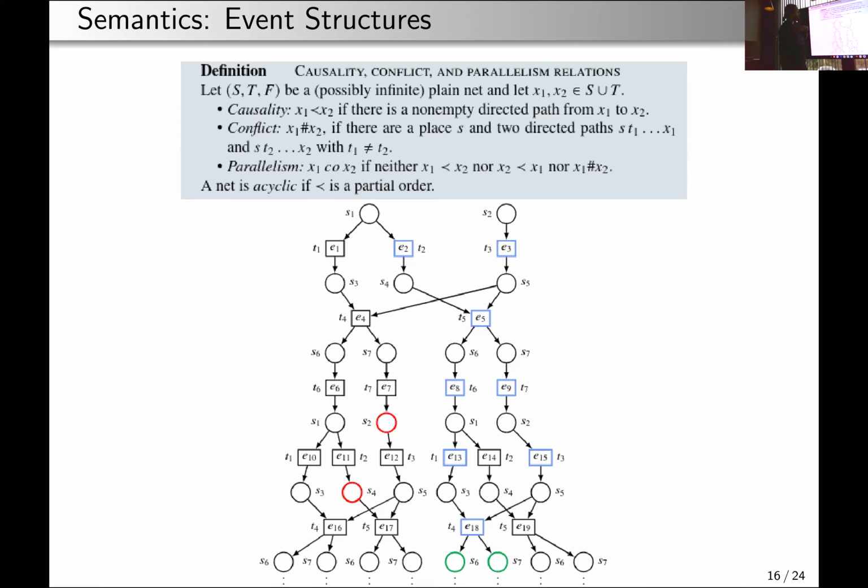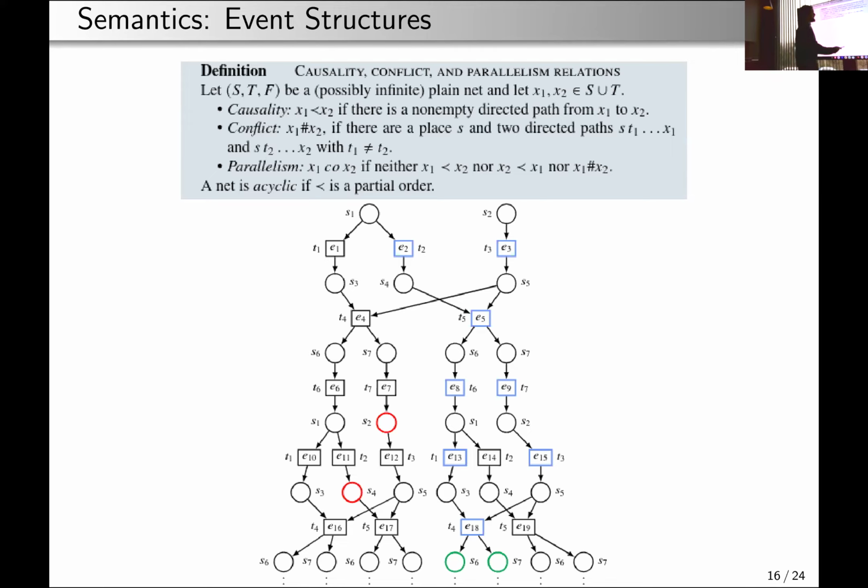And it turns out that once you have this information, you can actually forget about the places. Just stick to the events, keep the labels, and keep the relations. So now you keep the information that E4 depends on E1.